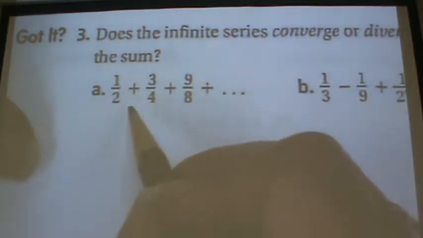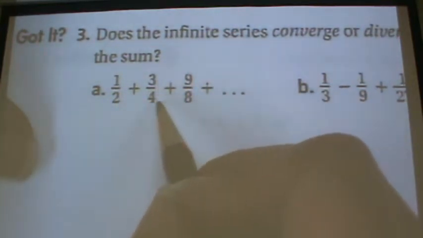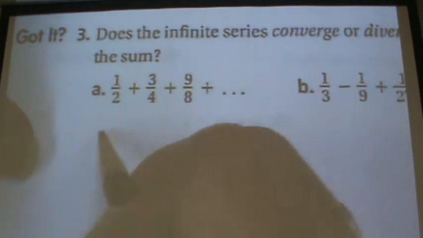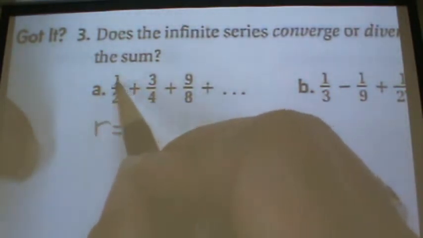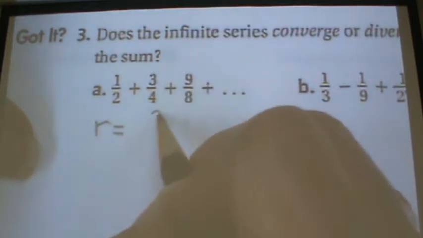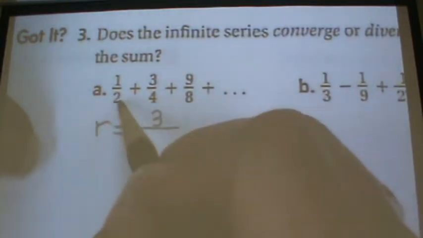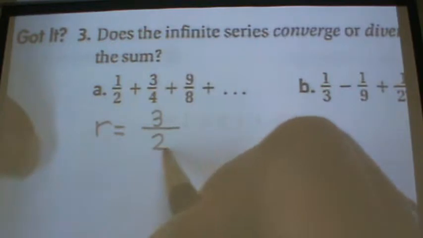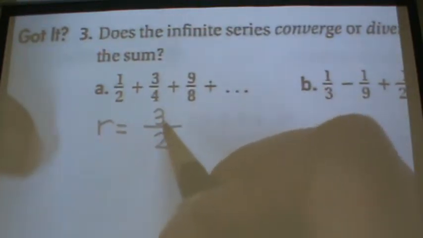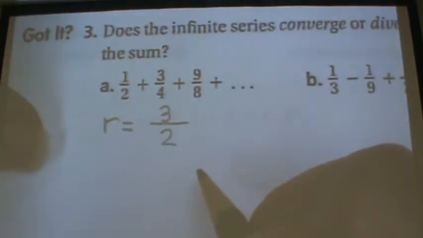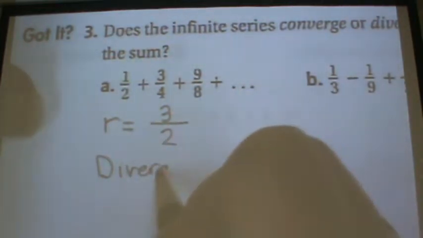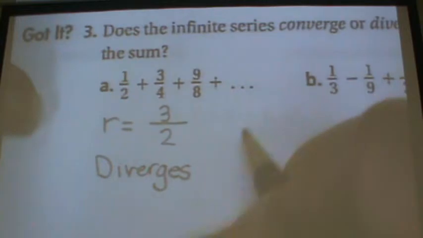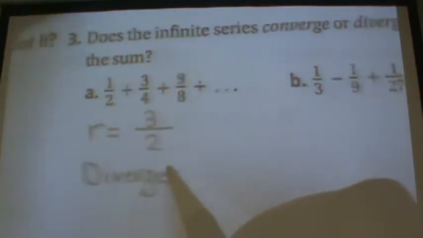How is this going from 1/2 to 3/4, from 3/4 to 9/8? What's the R value? How are they going from 1 to 3 to 9? Multiplying by 3. How are they going from 2 to 4 to 8? Multiplying by 2. So the ratio is 3/2. Is this number bigger than 1? Yeah. So this one diverges. You cannot add to infinity. Do not do this one.